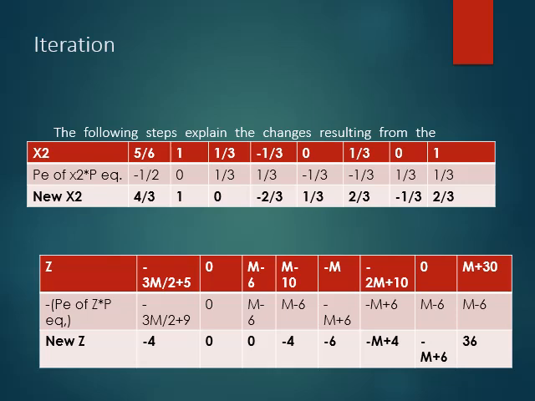The new x2 as the result of the entrance of x3 as basic variable, and the new z as the result of the entrance of x2 as basic variable is shown.